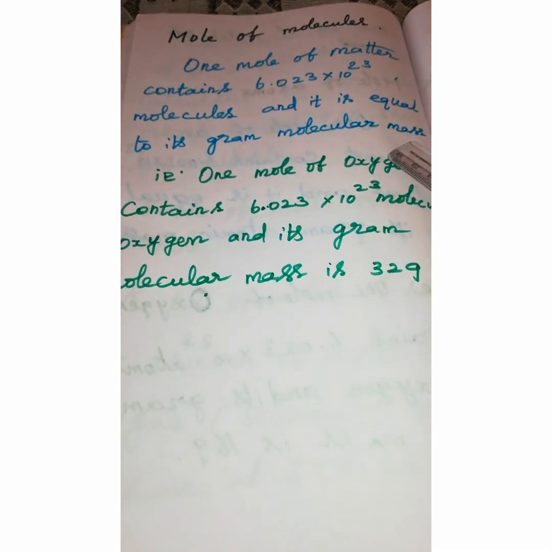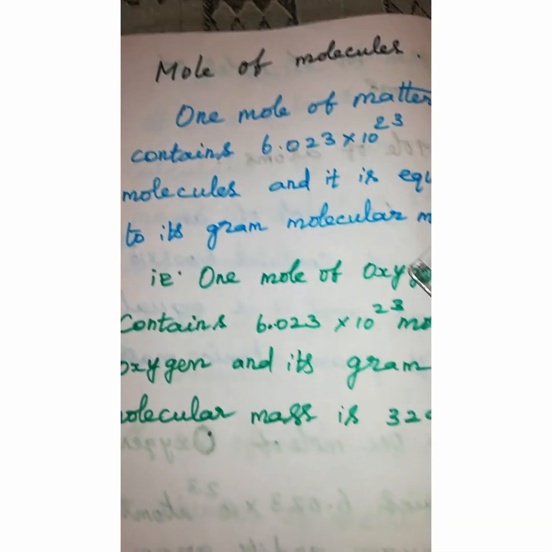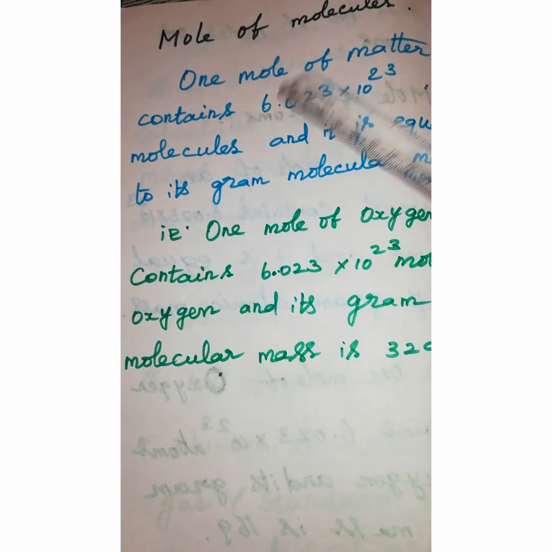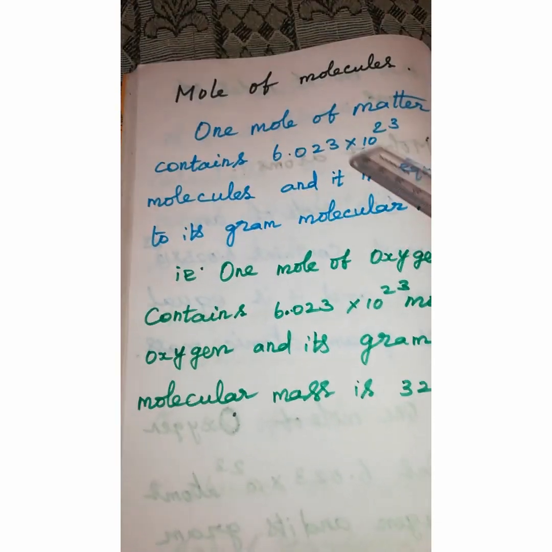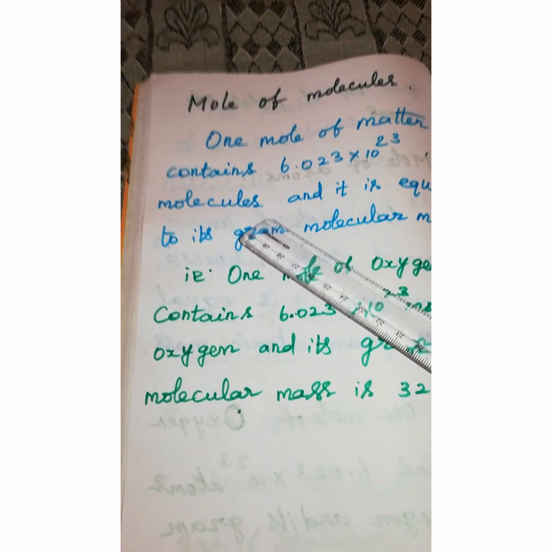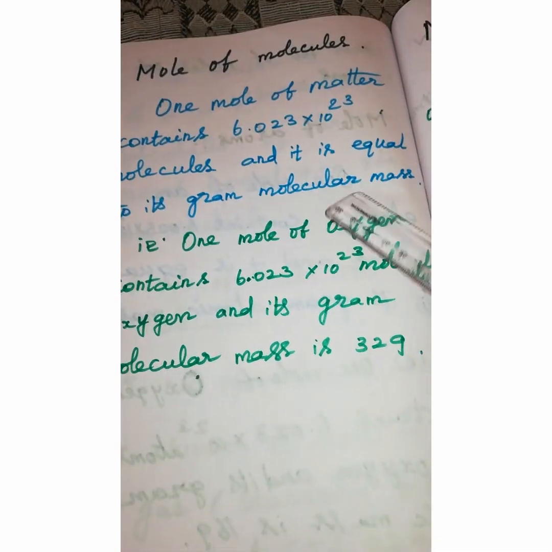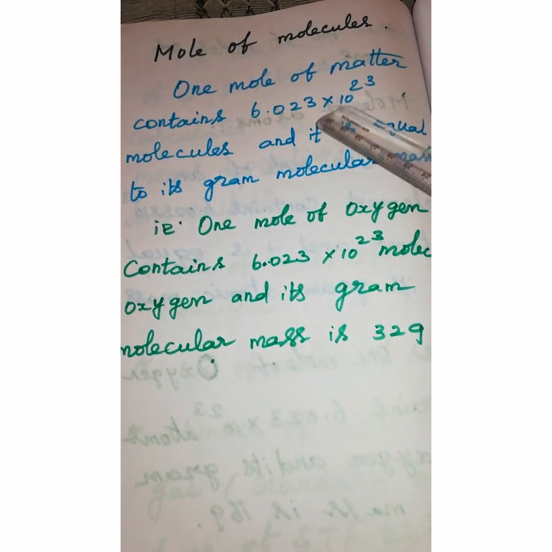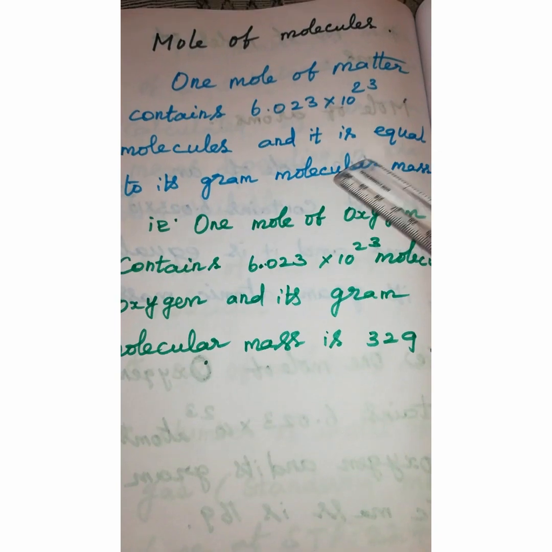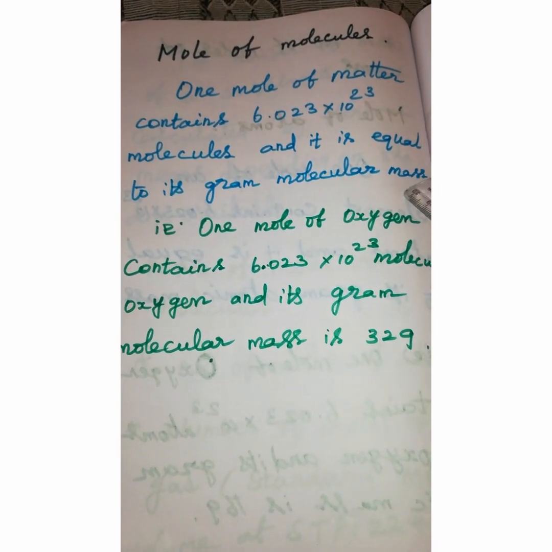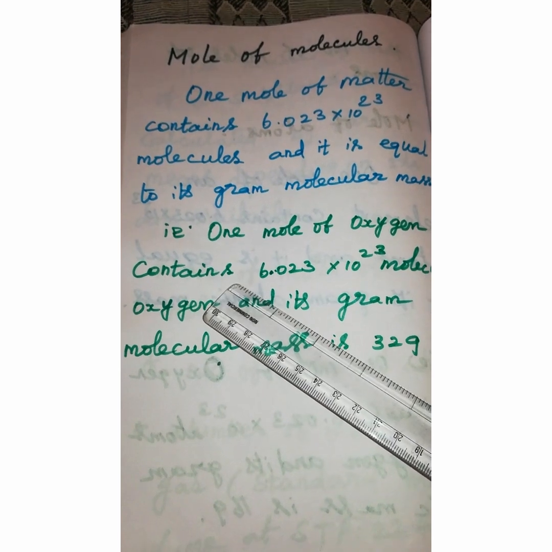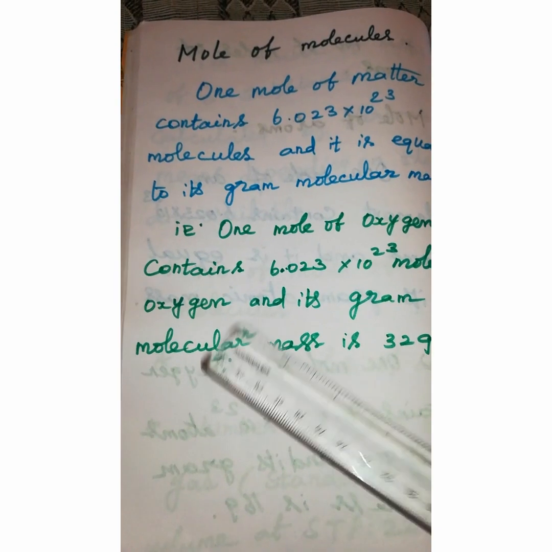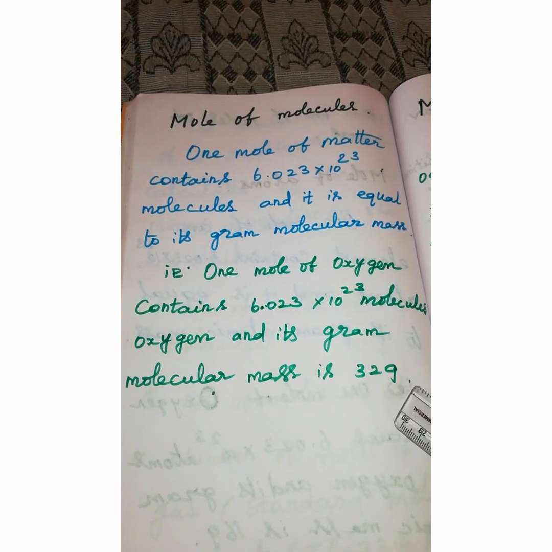Have you understood the relation between mole of atoms and mole of molecules? 1 mole of a substance contains 6.023 into 10 power 23 atoms and it is equal to its gram atomic mass. That is, 1 mole of oxygen contains 6.023 into 10 power 23 molecules of oxygen and its gram molecular mass is 32 gram.